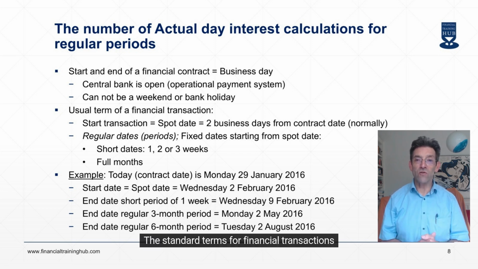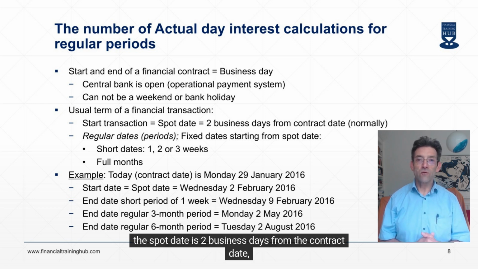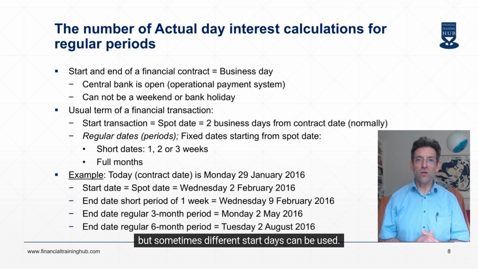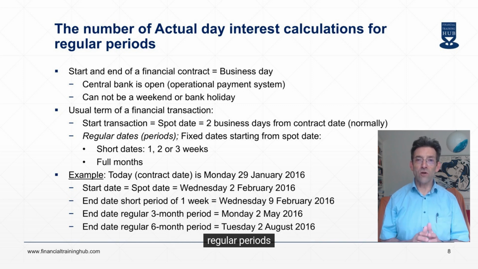The standard terms for financial transactions are a whole number of weeks or months starting from the spot date. Normally, the spot date is 2 business days from the contract date, but sometimes different start days can be used. These periods from the start date are referred to as regular dates, regular periods, or fixed dates.